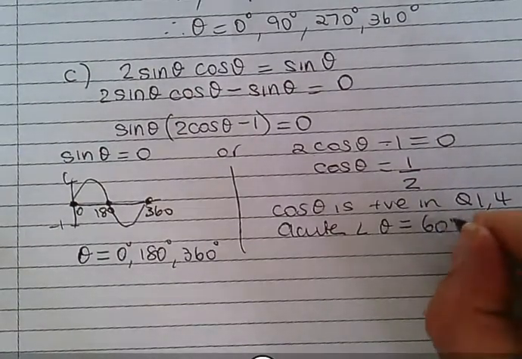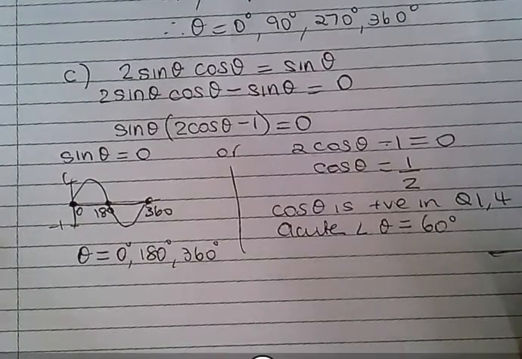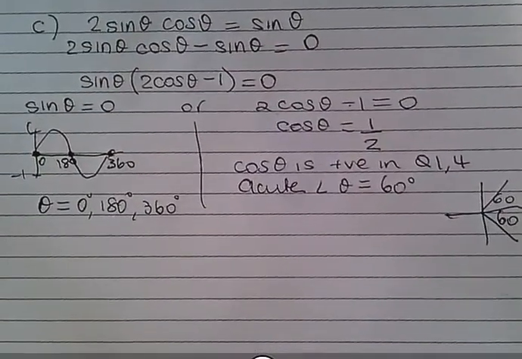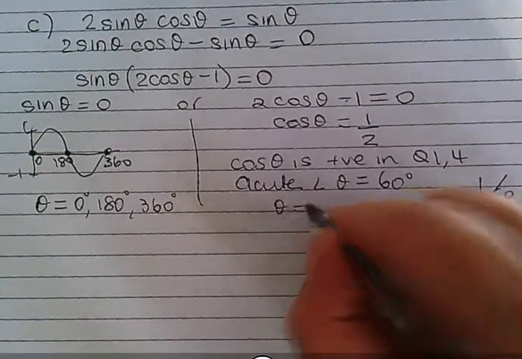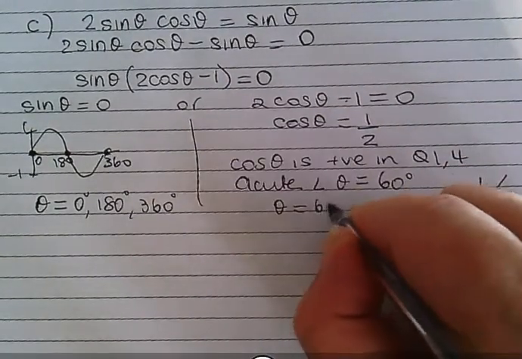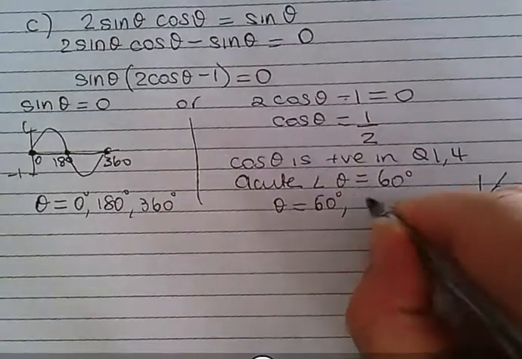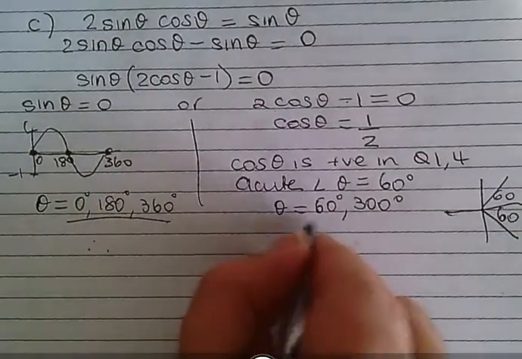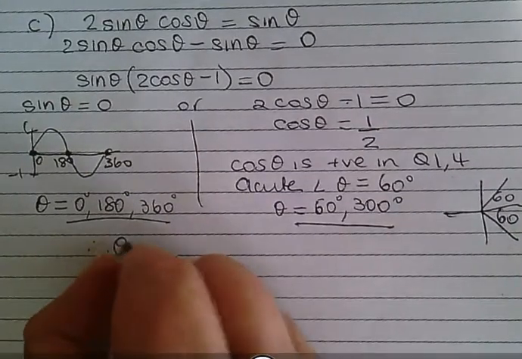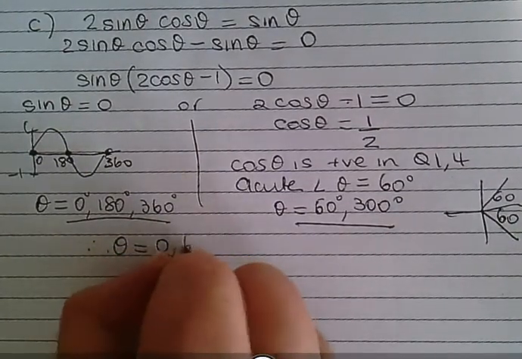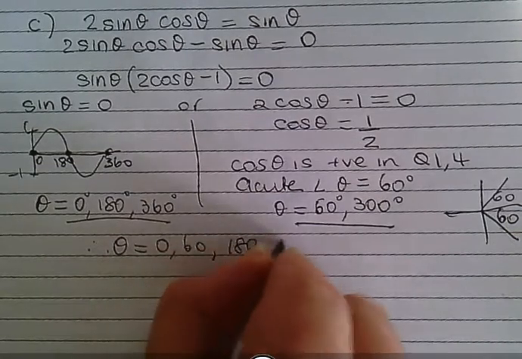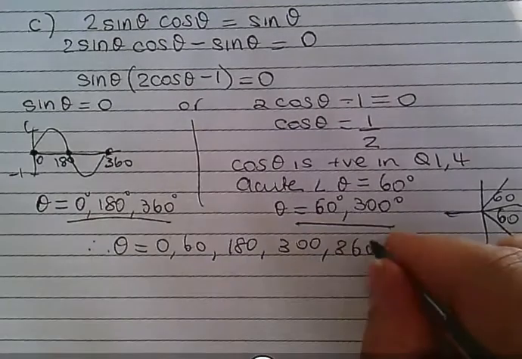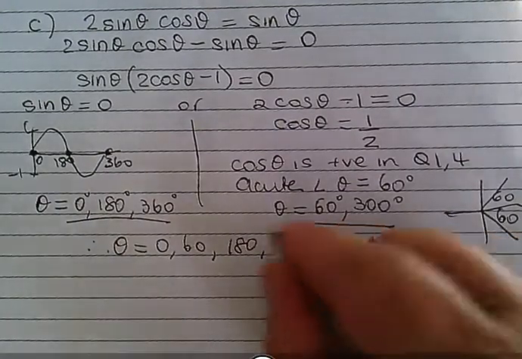Quadrants 1 and 4, 60. So my solutions there are 60, and 360 minus 60 is 300. So therefore you can rewrite them. Theta is 0, 60, 180, 300. Oops, I've missed one. Or 360 degrees.